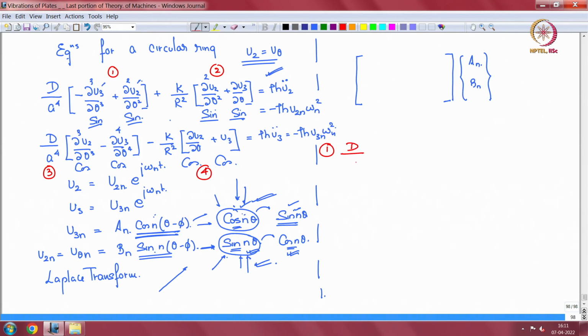D over a fourth, del 3 u3 del theta cube, 3 derivatives of this.